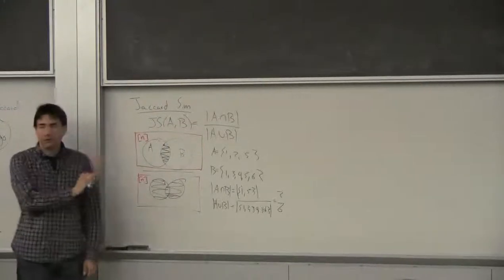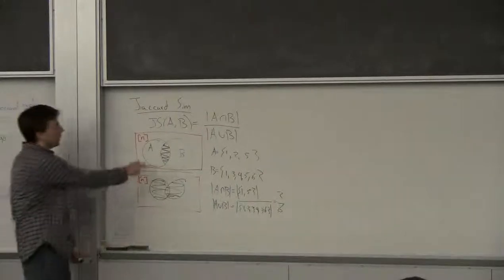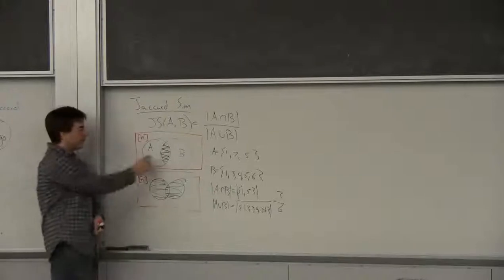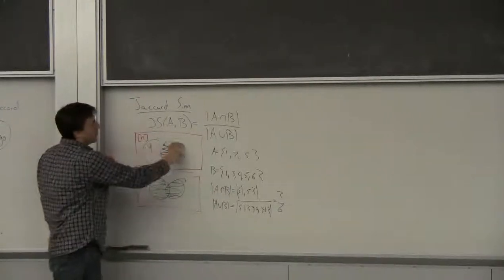So there are other distances between sets, and if you look in the notes, I talk about a variety of them. They're usually based on either the intersection, the union, or what's called the symmetric difference, which is the part in the union but not the intersection. So this part and this part together.